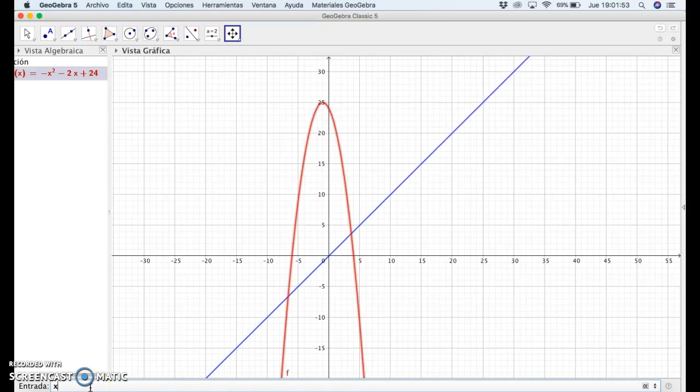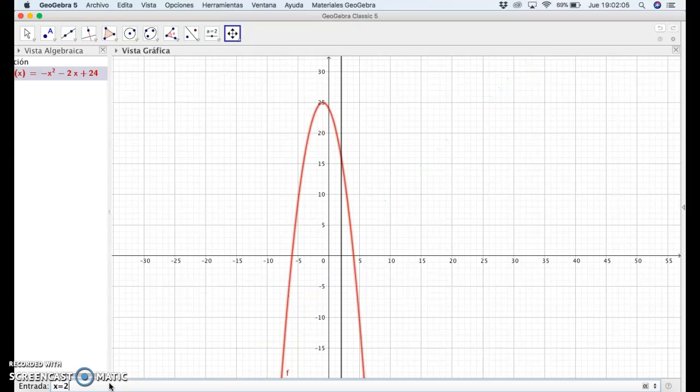So x equals minus b, which is minus 2, so minus times minus is positive, so it would be 2 over 2a. A in this case is minus 1. So 2 times minus 1 equals minus 2.